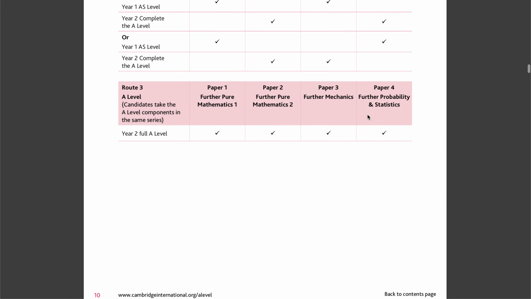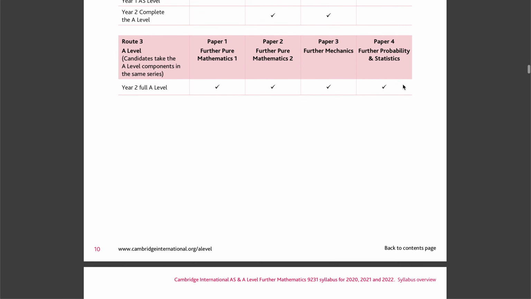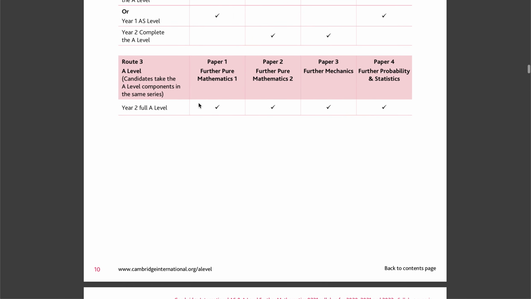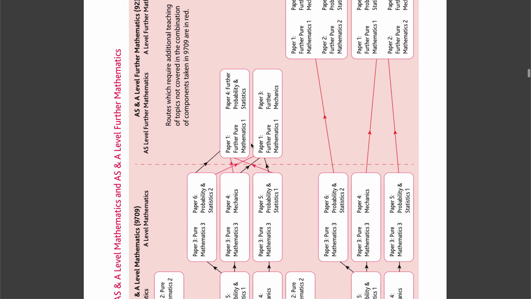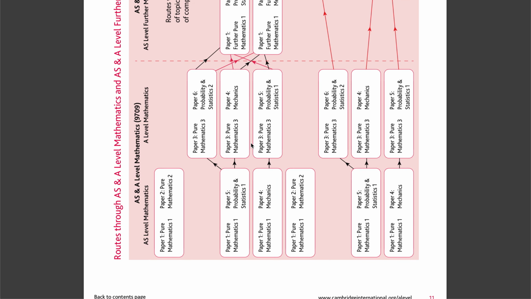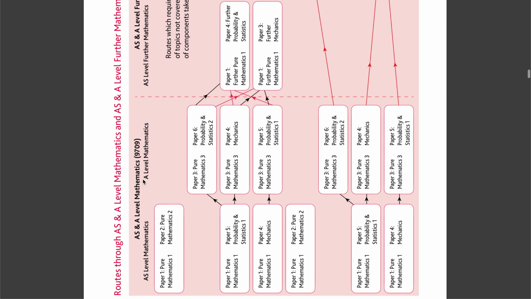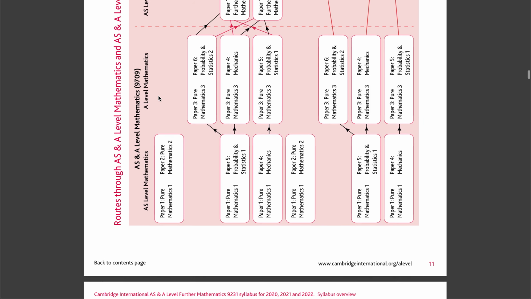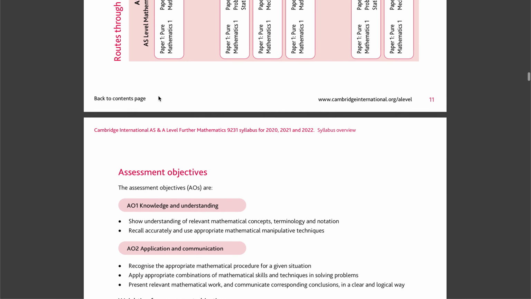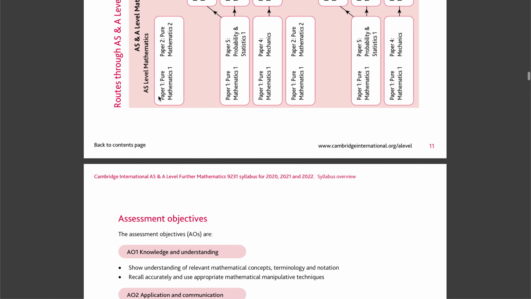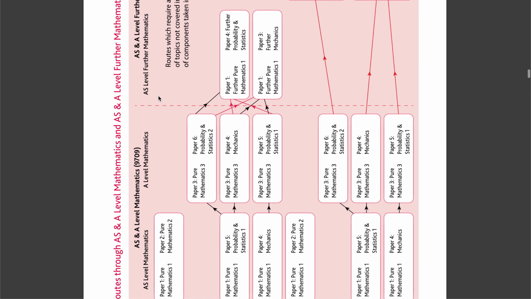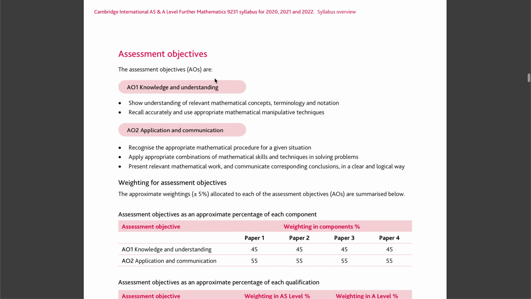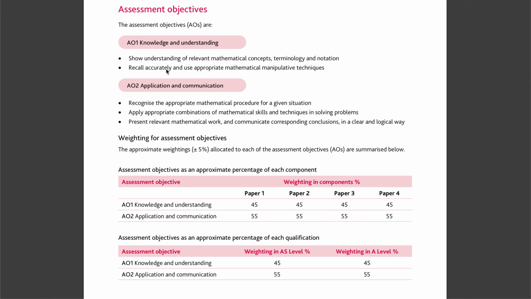This may be the most convenient for those of you studying yourselves. That's probably why you're watching the videos. But anyways, yeah. So these are the links between A level maths and A level further maths, which I won't go into because I'm assuming that most people who are looking at this either have taken further A level maths and already know this, or haven't, and thus it's irrelevant to them.